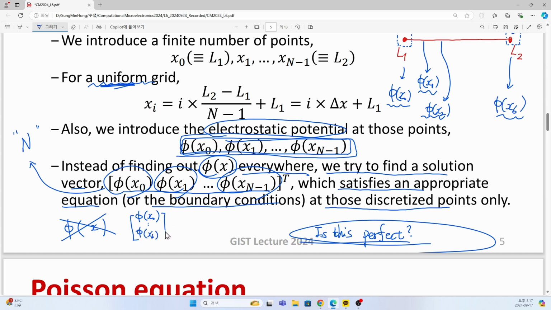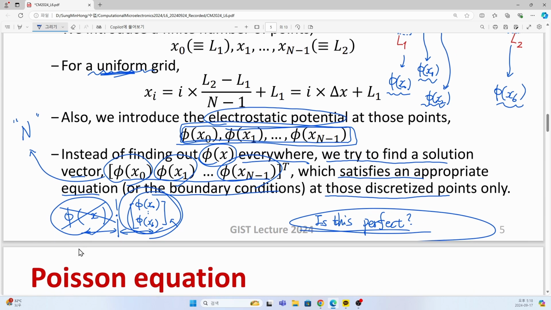Once we know only these 7 numbers, then we will say, okay, we have done it. We have got the solution of this problem. There is a significant difference between this analytic solution and the discretized solution, but that is our belief. So we wanted to believe that this is a good approximation of the real analytic solution.